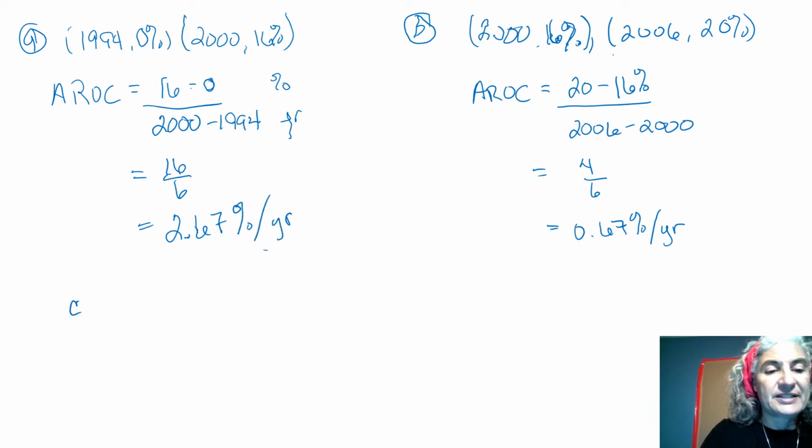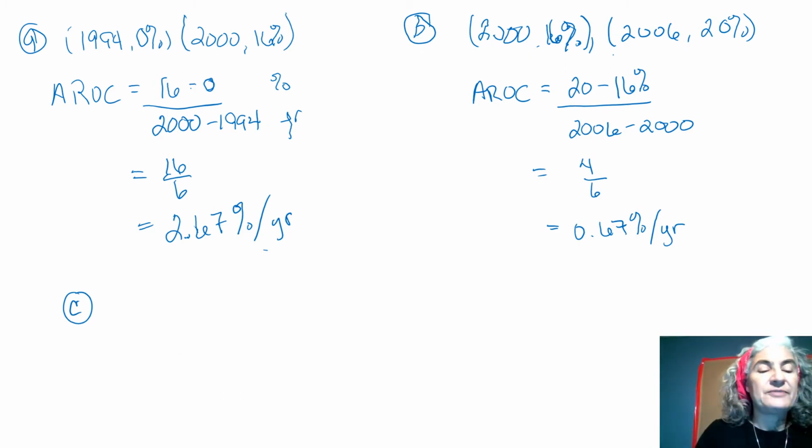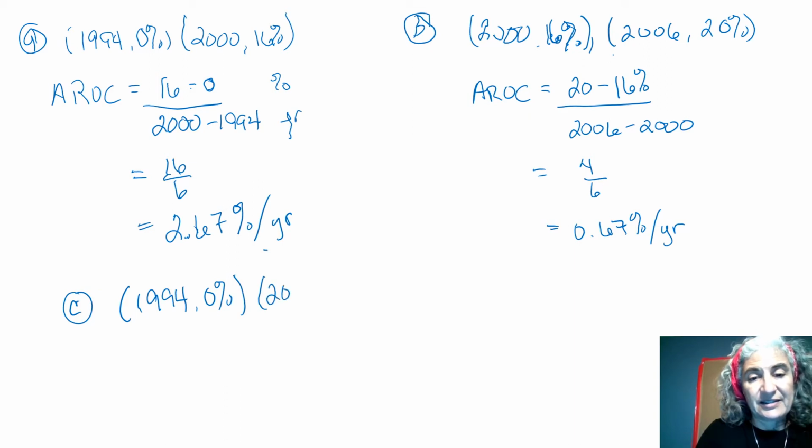Okay, now part C. You get the hang of it? You know what we're doing? Okay. So this one wanted to go from 1994 when they started all the way to 2006, which is where they're ending their study, shall I say, their look-see.